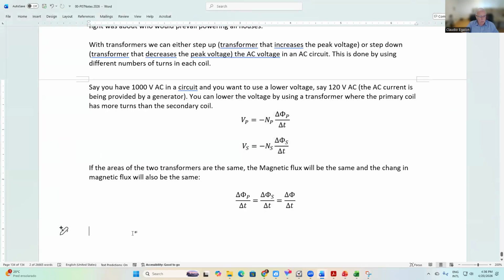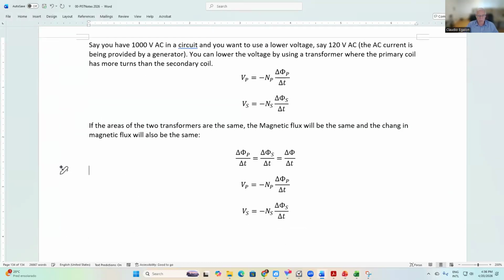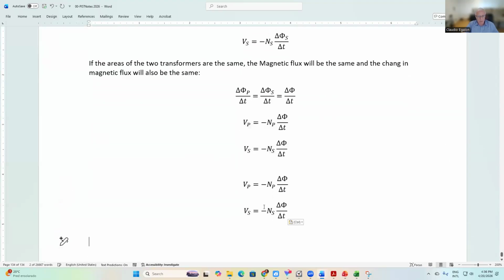Okay, we go. Right in here. And then I will solve these two equations in terms of the change of the magnetic flux, like that. The negative and the VP go to the right side, and the NP goes to the right side as well.